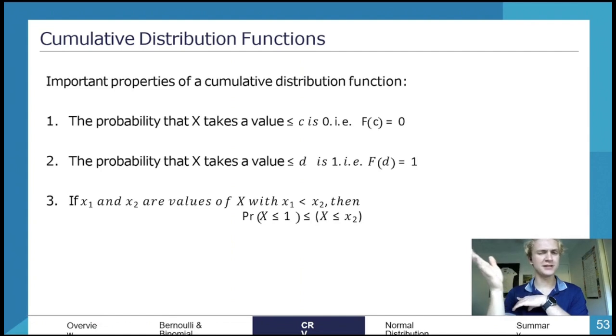This is basically just saying d is the upper bound. Three, if x1 and x2 are values of x with x1 greater than x2, then F of x1 is greater than or equal to F of x2.